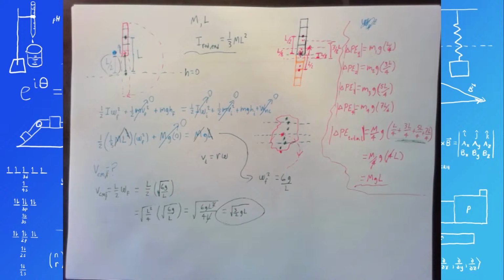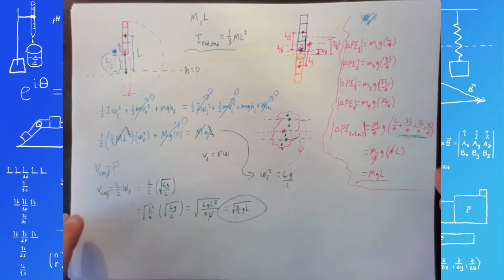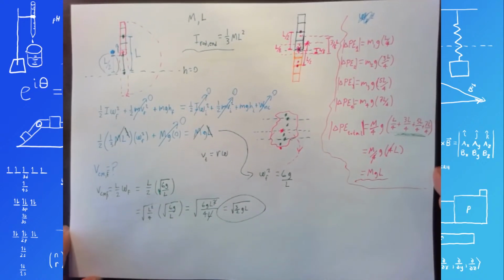Can we calculate the final velocity of the center of mass by taking a shortcut, by treating the object like this?